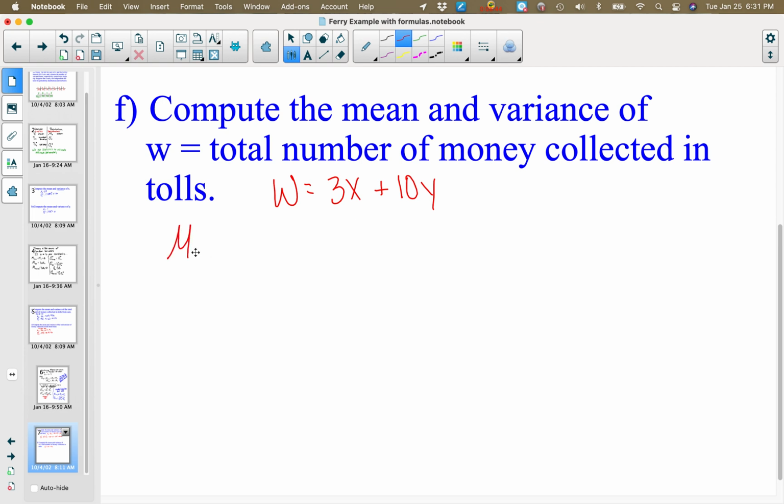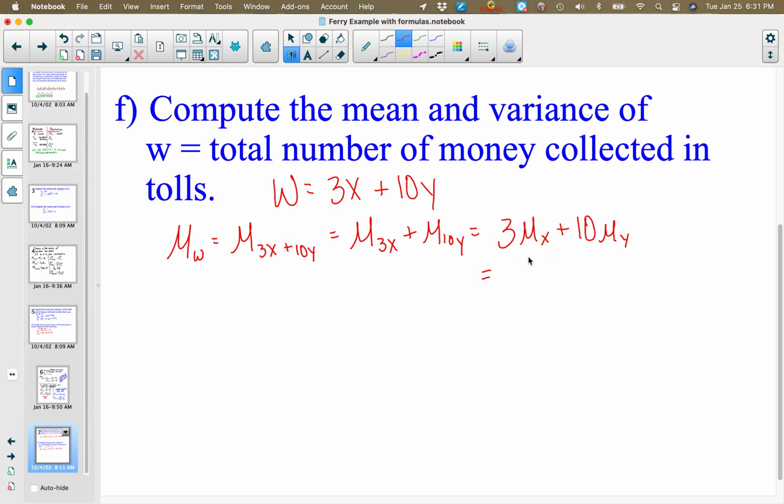So we have mu sub W equals mu sub 3X plus 10Y equals mu sub 3X plus mu sub 10Y equals 3 times mu sub X, I'm just applying the formulas, plus 10 times mu sub Y.